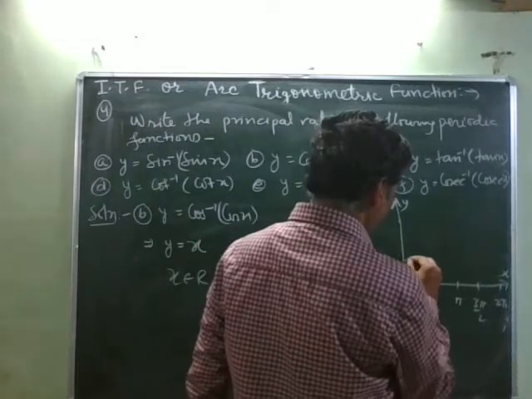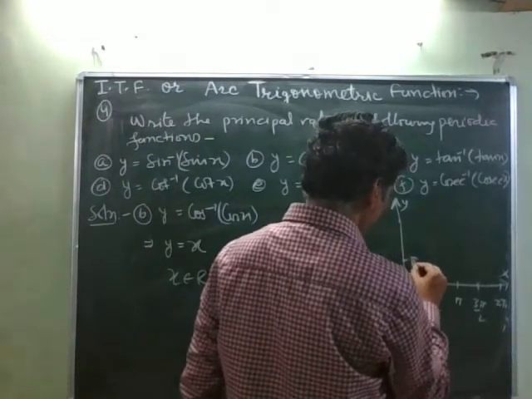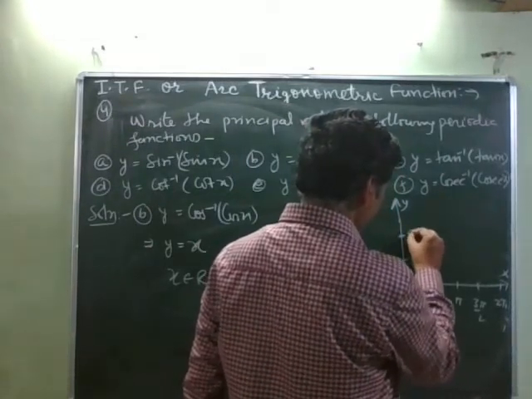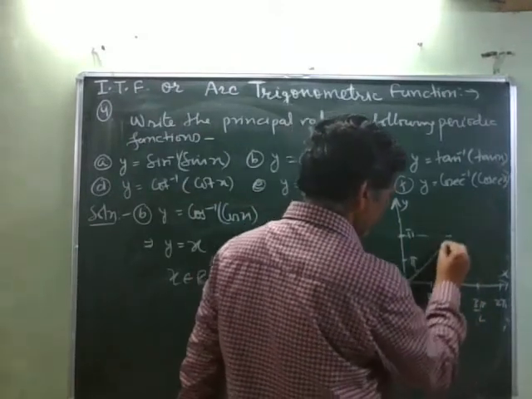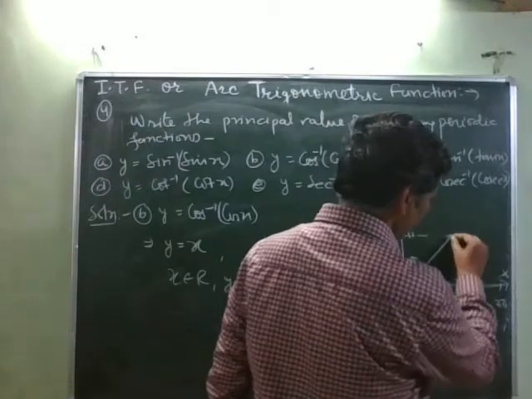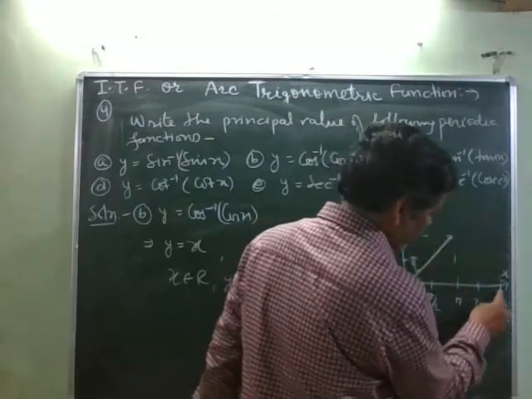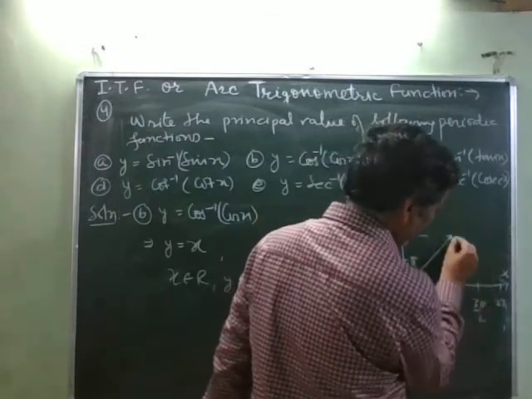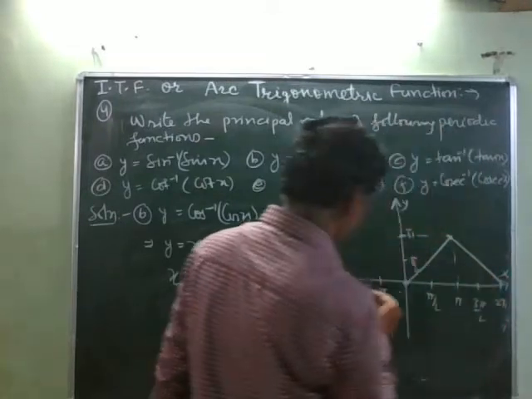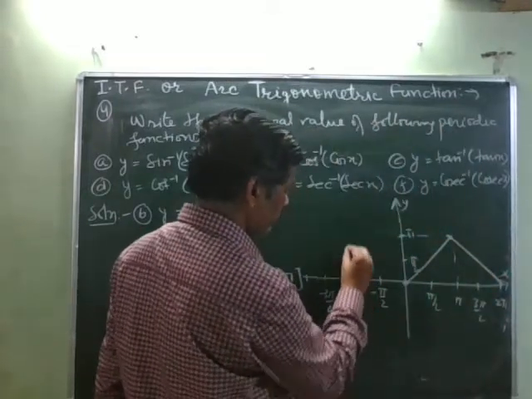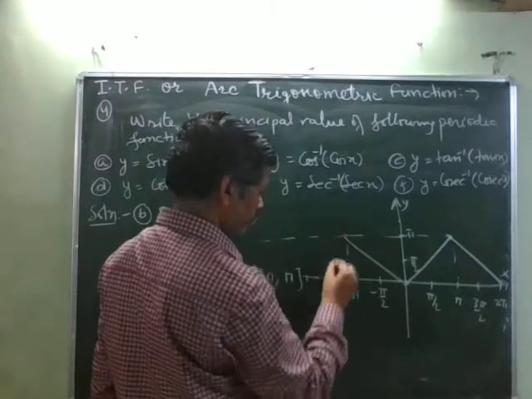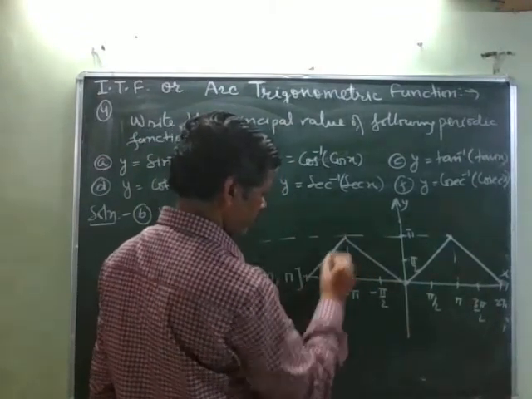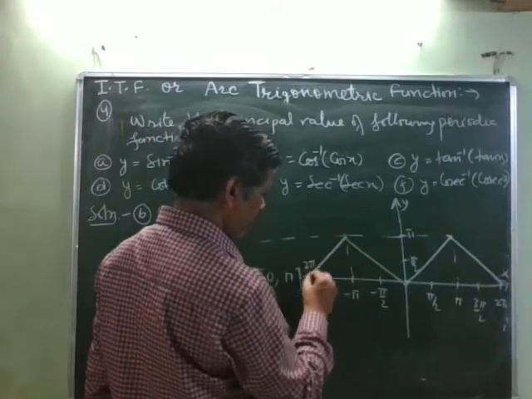Here it is 0, it is pi by 2 and it is pi. From here to here, this graph is that one, and from pi to 2 pi, it is 2 pi.